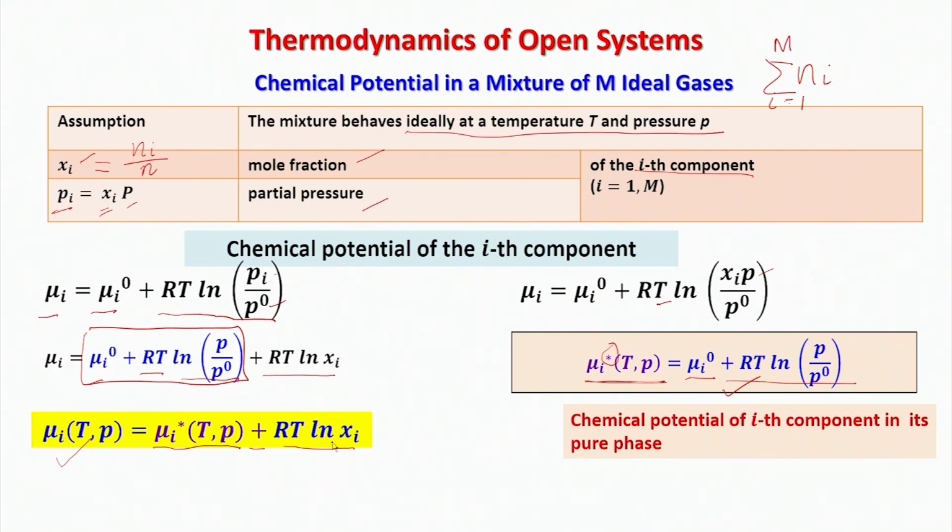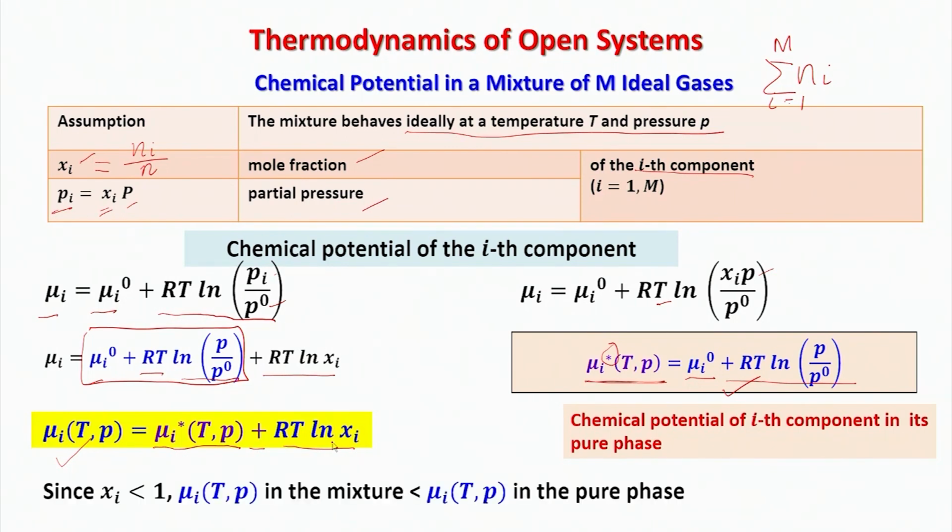And what is going to be my immediate conclusion from here? Here I understand that in a mixture, xi is always going to be less than 1. As a result, this term must be less than this term. Clear?